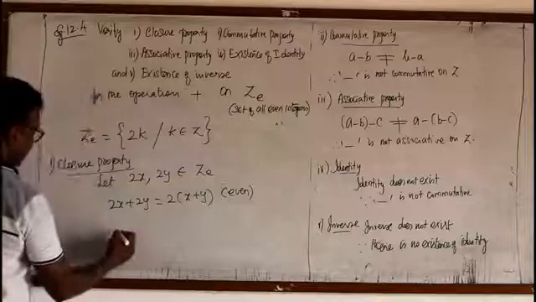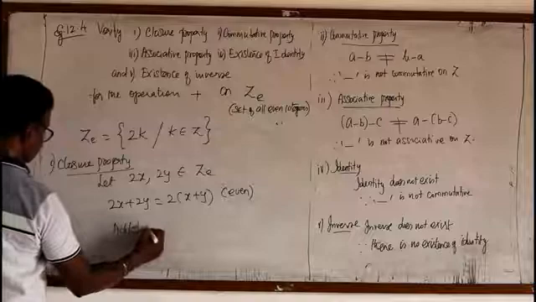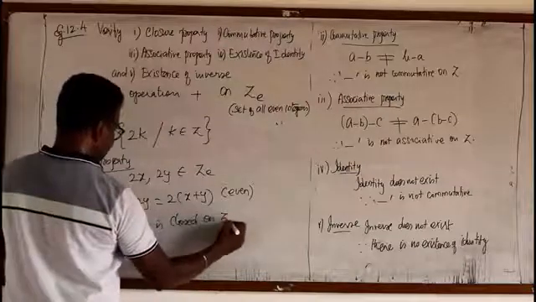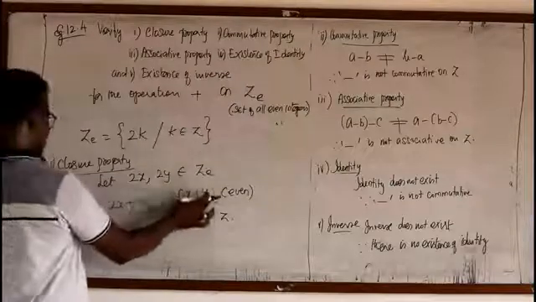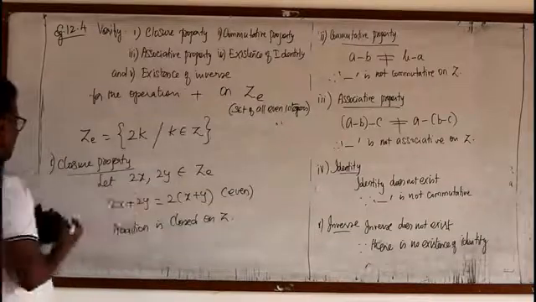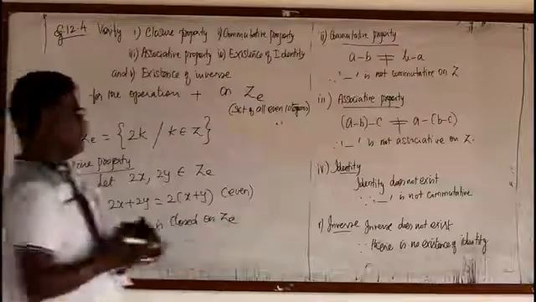Therefore, addition is closed. When I take 2x plus 2y, 2 into x plus y, where x plus y is an integer, when it is multiplied with 2, it will become even. So definitely this belongs to ZE. So addition is closed on ZE.